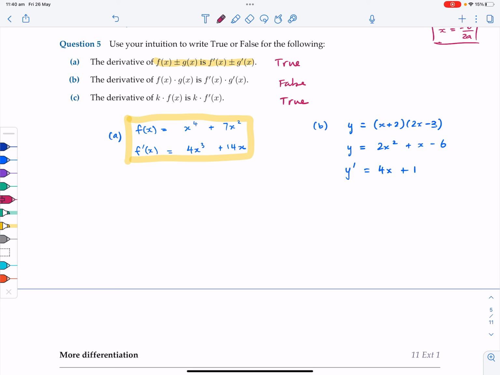Okay, so this is correct, right? But notice this is the product of two functions. Just like that is the product of two functions. So I'm just going to change colour.